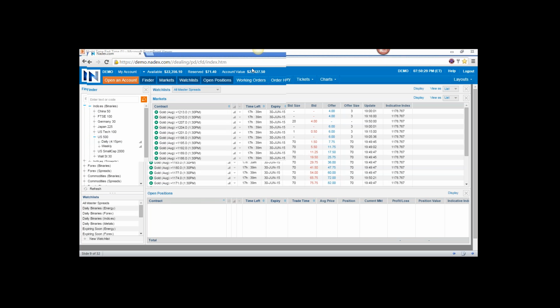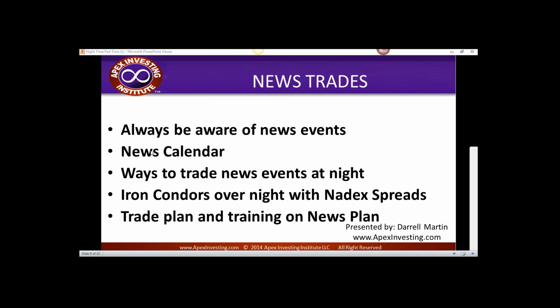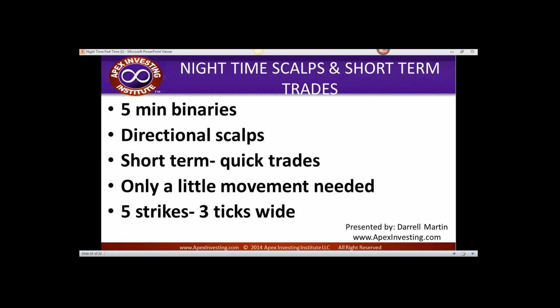All right, so let's talk real quick. Everybody understands the news trading calendar and why that's so important. Let's talk real quick about 5-minute binaries. I'm not going to dig into these and go through step-by-step rules of our trading systems. I'll show you where you can go and watch free videos for step-by-step of that.